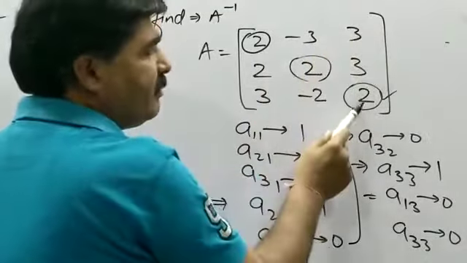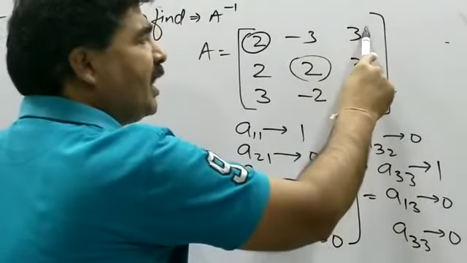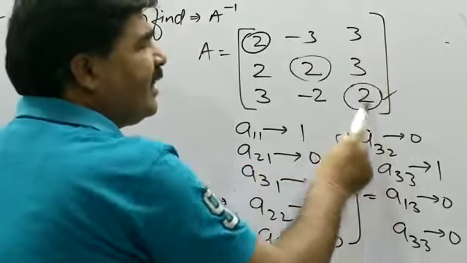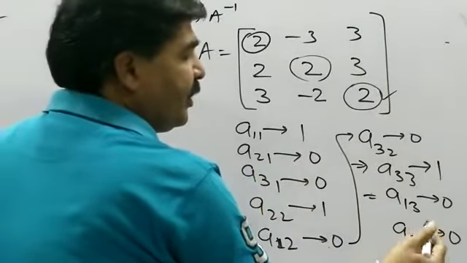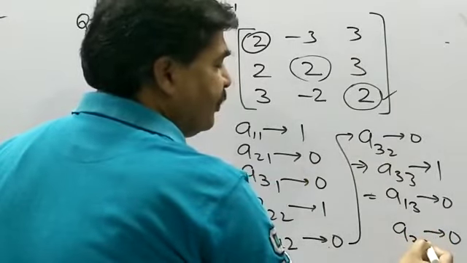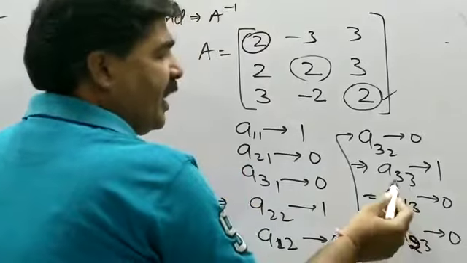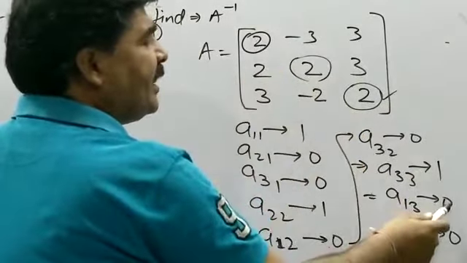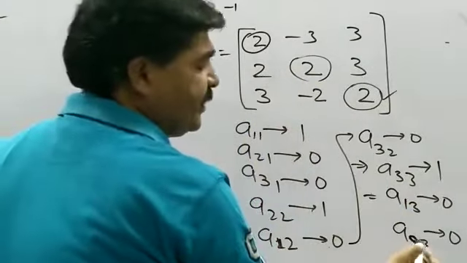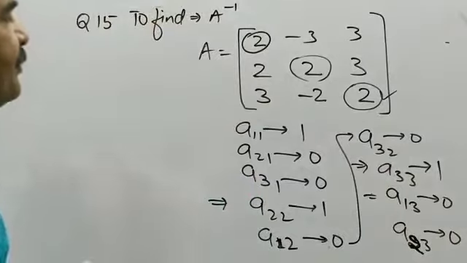Then in the third column, first you convert this element A33 as 1, then A13 as 0, and then A23 as 0. This is 2, 3, not 3, 2. Clear?